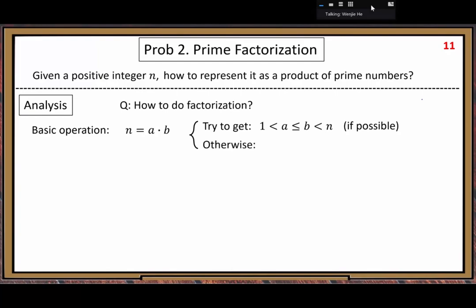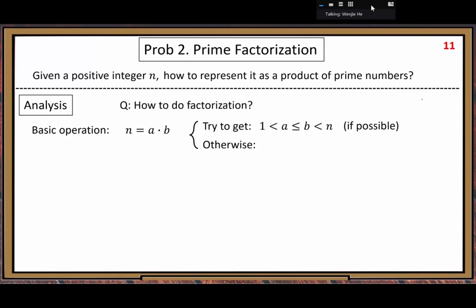Then, based on the definition, if we can do this factorization, we can say n is not a prime.